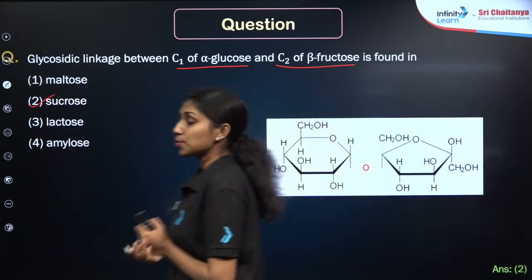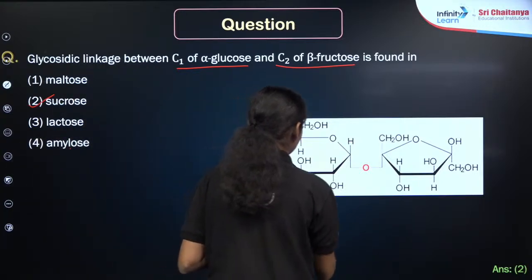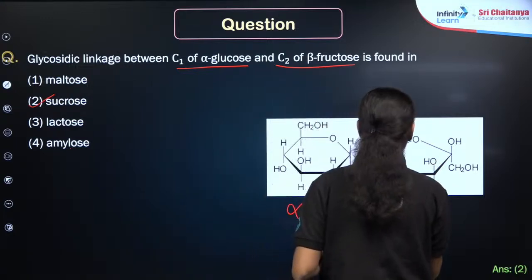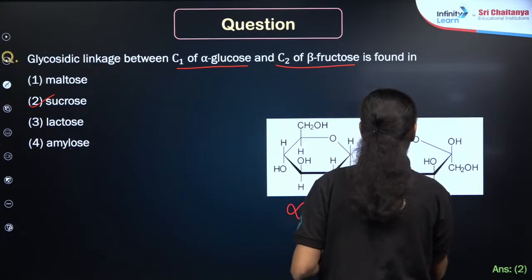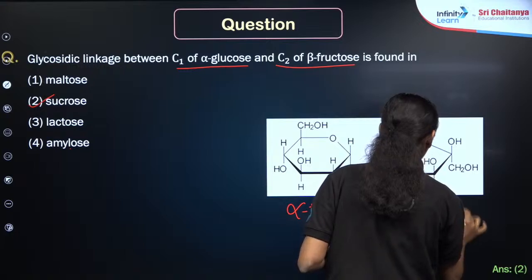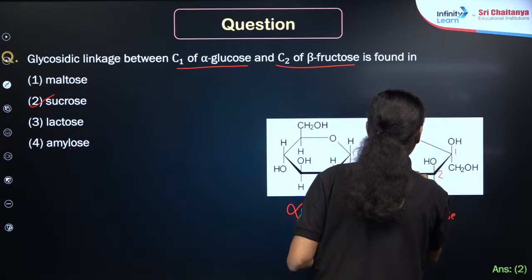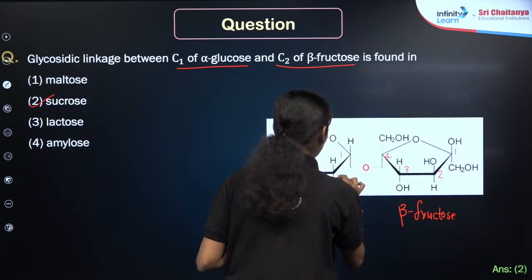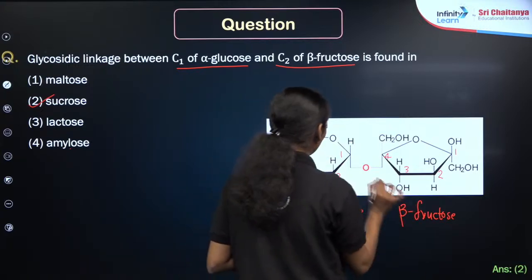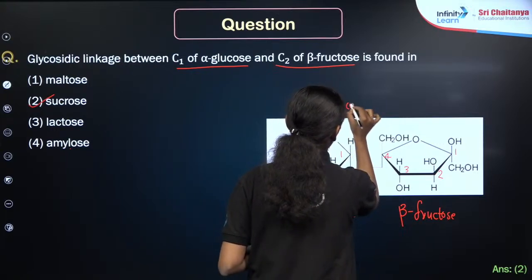Okay, this will be the structure of the sucrose molecule. Whenever alpha glucose, right? Alpha glucose, then beta fructose, right? Beta fructose, combined together, it will form again a 1,4 glycosidic linkage, right?